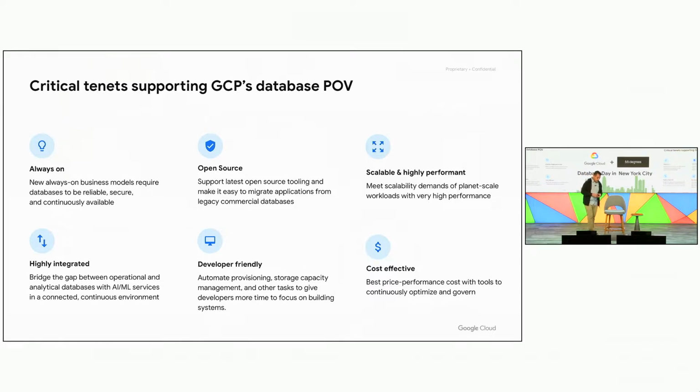When GCP was launched, Google started to think about what our point of view would be in terms of databases, what our databases must comply with, and what the best offers we could generate were. That's when these 6 different tenets came into place. All our databases are focused on complying with them.